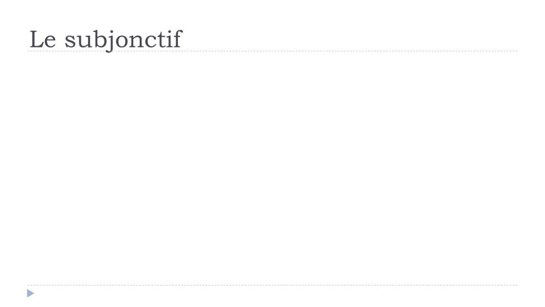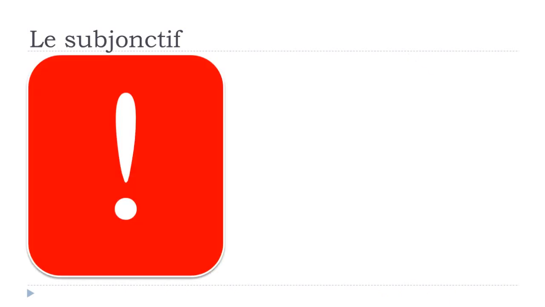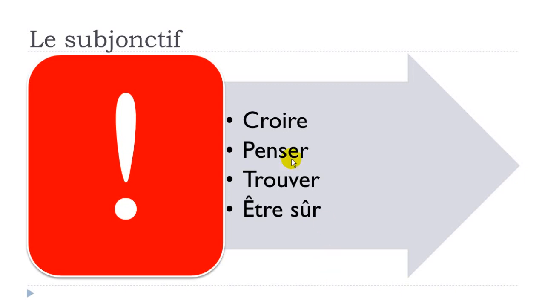All right? Be careful. The following verbs: croire, to believe; penser, to think; trouver, to find, especially when you express your opinion, I find that; être sûr. So these verbs are normally followed by the indicative form, so all the tenses we saw so far.